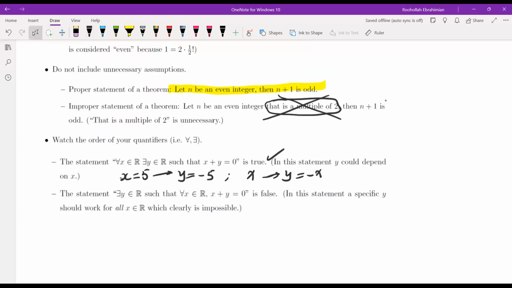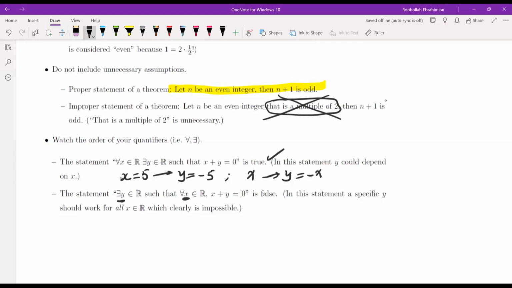But watch what happens when you switch the order of quantifiers. If you change the order of quantifiers, you get there exists y in R such that for every x in R, x plus y is equal to 0. And that's clearly false. There is no one single y that x plus y is 0 for every x, because this x would only work for when x is equal to -y.